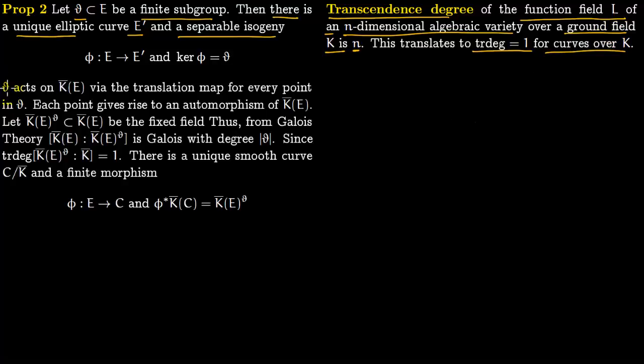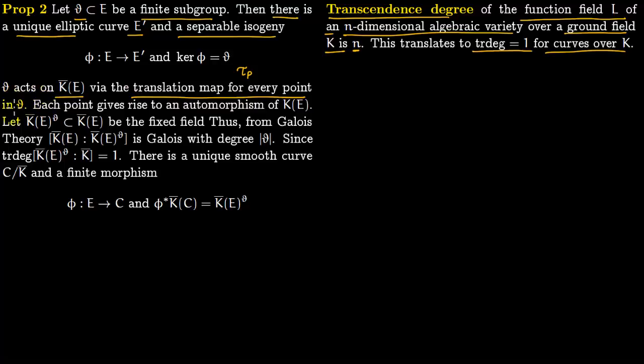This Θ is a finite subgroup of the elliptic curve E, so it consists of a bunch of points. It acts on the function field K(E) via the translation map for every point. This is just the map τ_P discussed in the previous lecture.